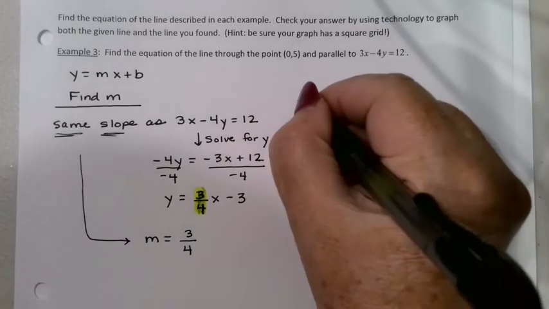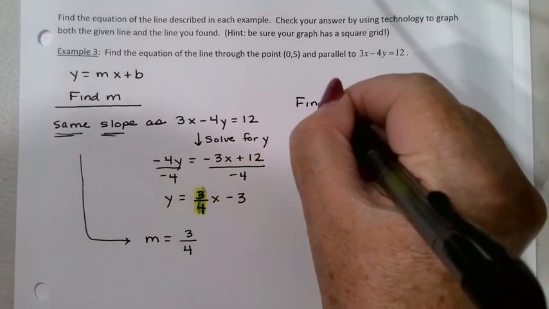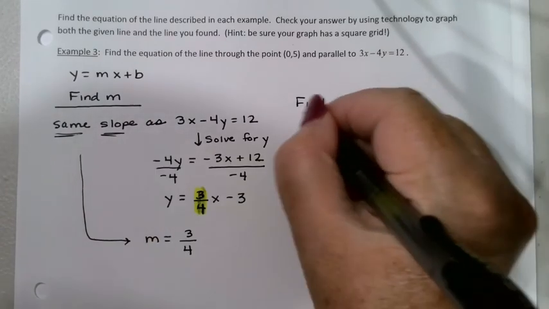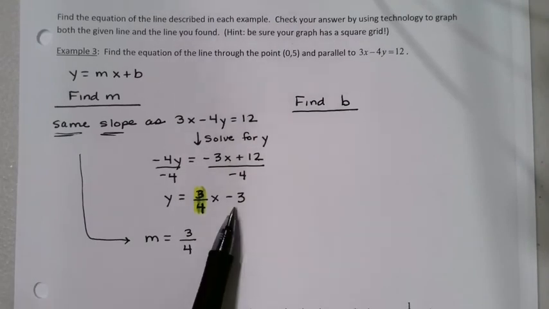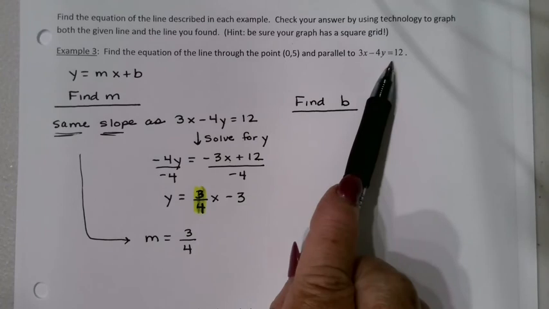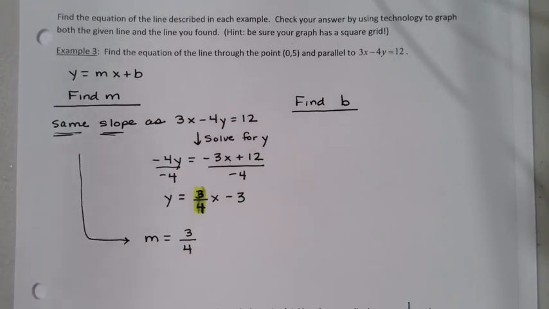All right. Next, I need to find the b. Well, first of all, don't get distracted. It's not -3. That's the original line, not my parallel line. I need to find the b for my line. In this case, I kind of got lucky. Do you see that they gave it to me?